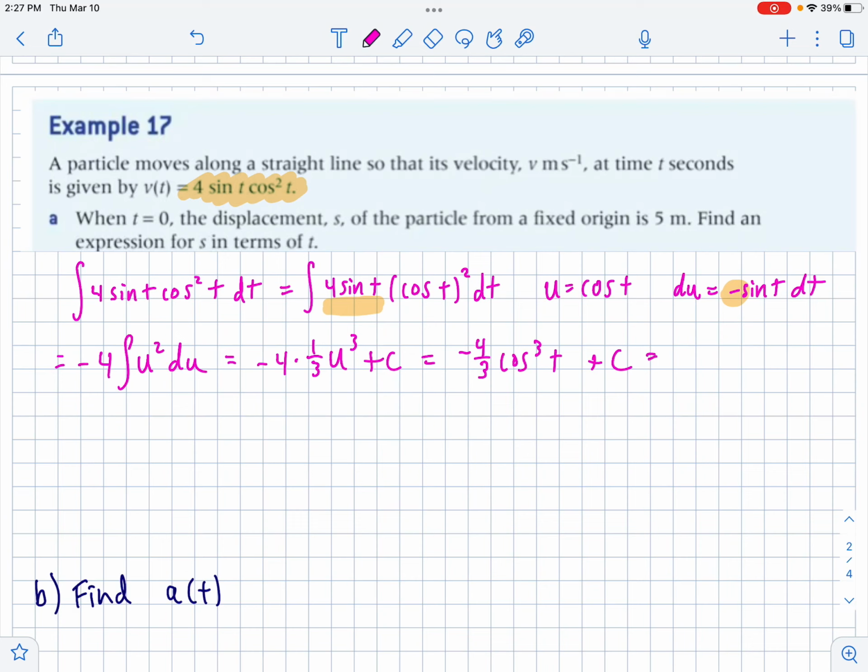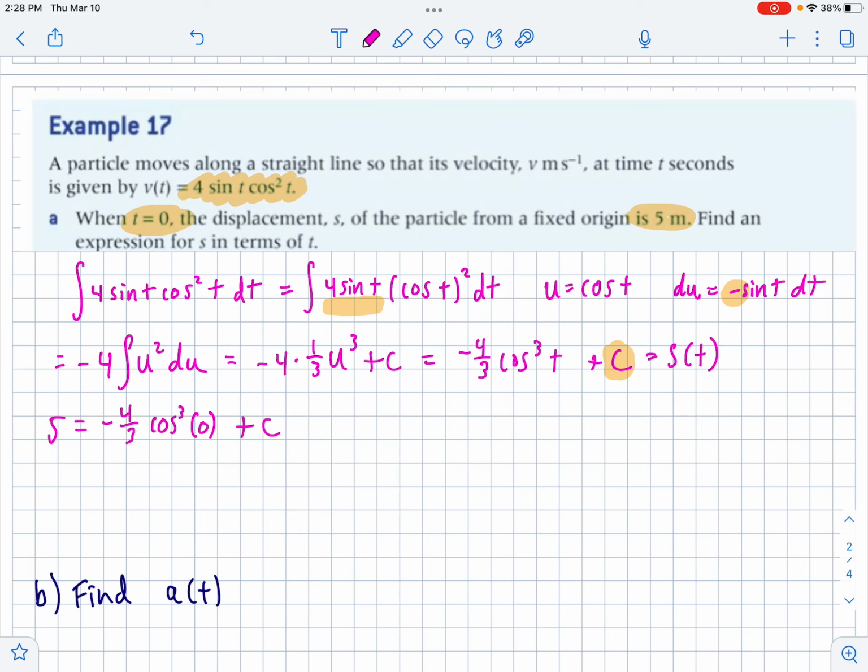Now, what we just found is the general equation for s of t, the displacement. But we need to figure out what the c value is. When time is 0, it's 5 meters away from the origin. So what we can do is set it equal to 5 and then feed in a 0. So we get negative 4/3 cosine cubed of 0 plus c.